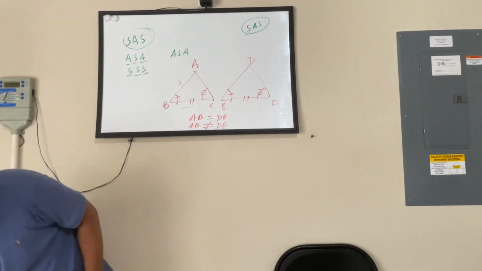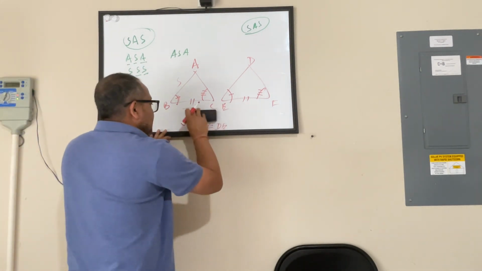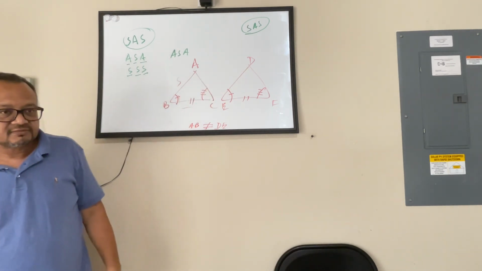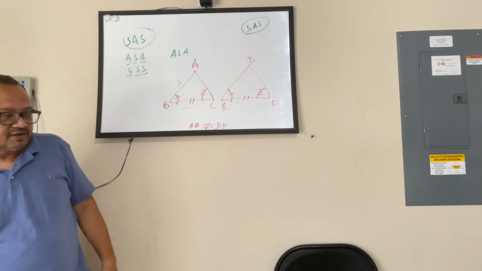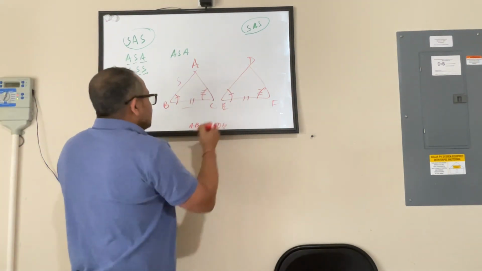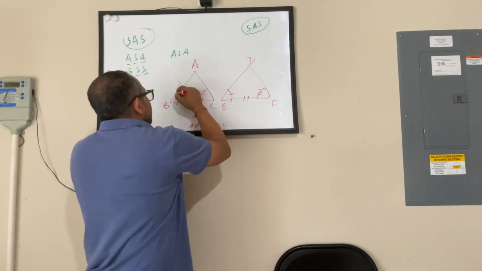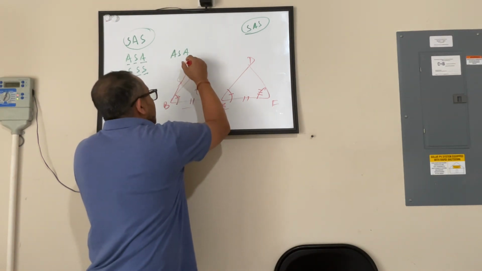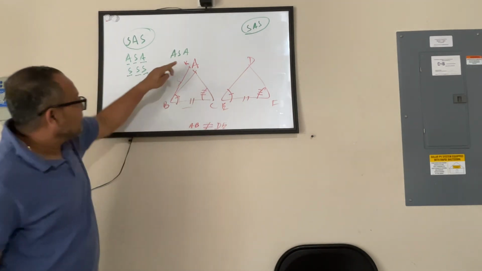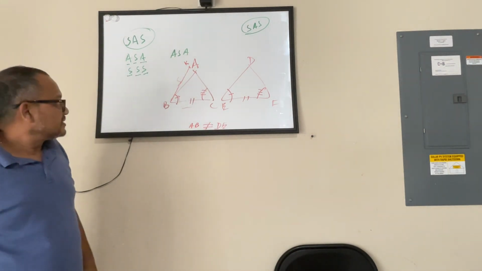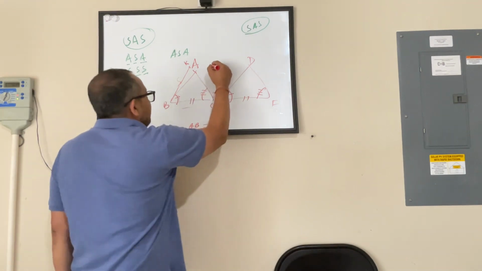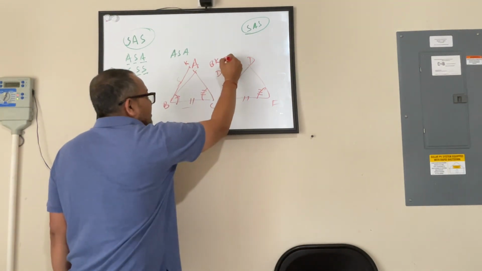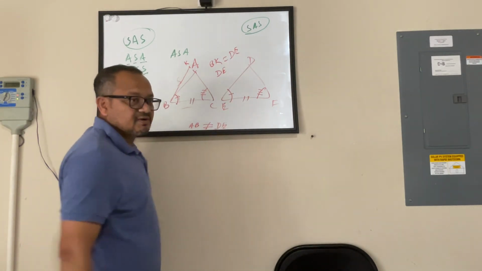If my second option is right, meaning AB and DE are not the same, that means maybe I have to draw a line like this and cut somewhere here at K, such that BK and DE are equal now.